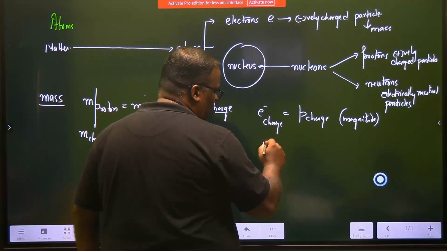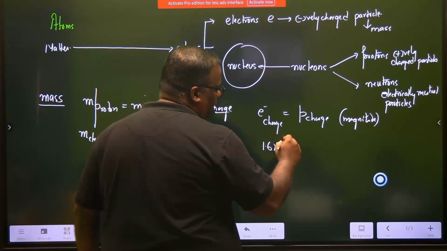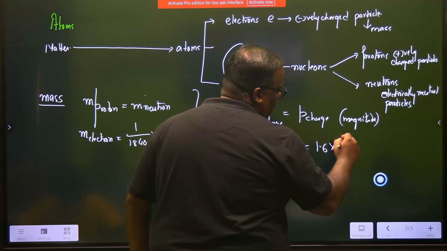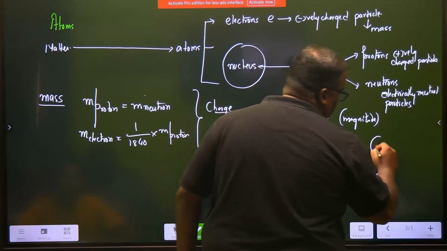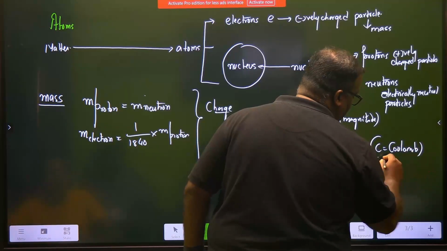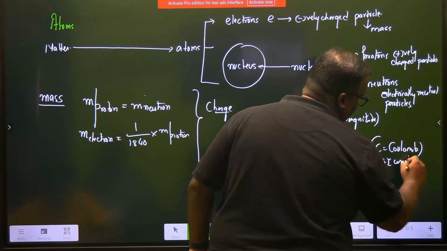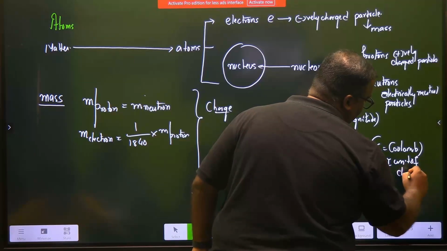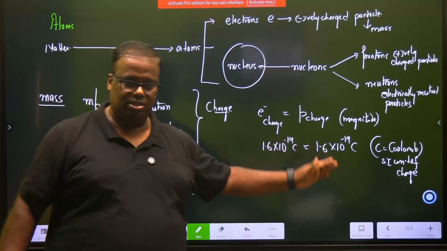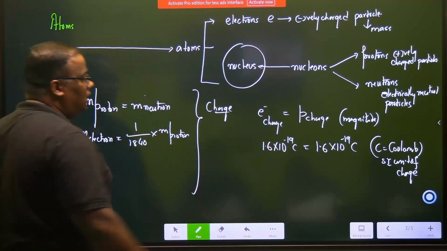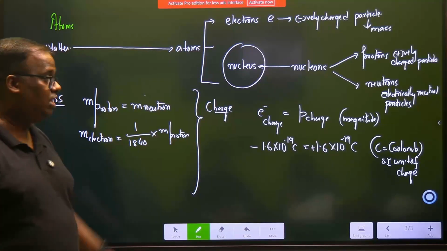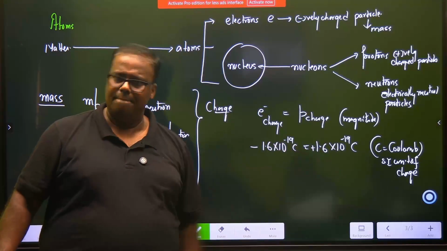The charge of both of them is 1.6 into 10 to the power minus 19 coulomb. C stands for the scientist Coulomb, and this is the SI unit of charge. The SI unit of charge is called coulomb. Both have 1.6, but in books you will see that the electron charge is shown as negative and the proton charge is shown as positive, whereas in terms of magnitude they are same. Do you understand?